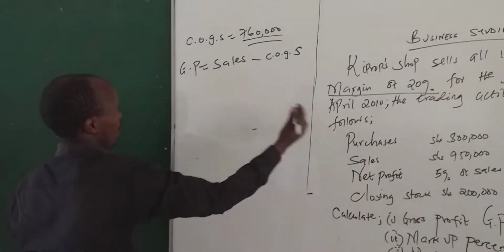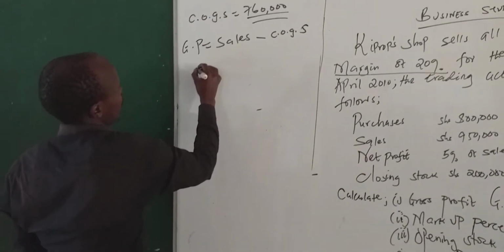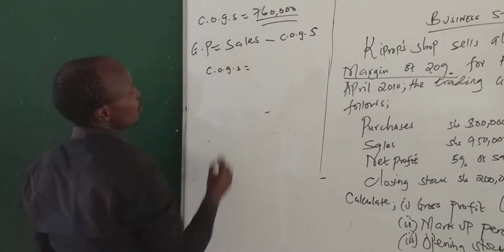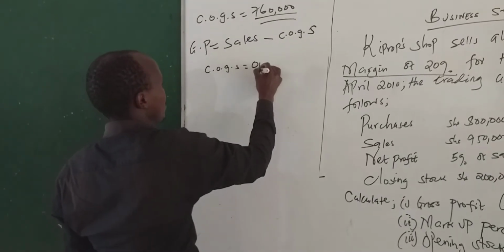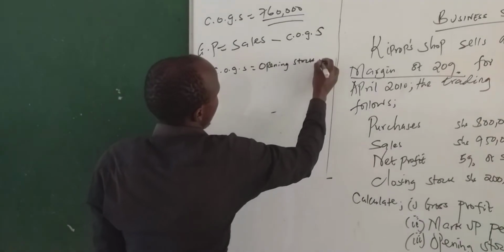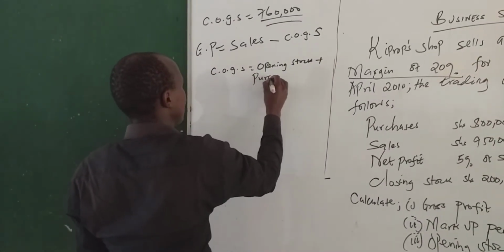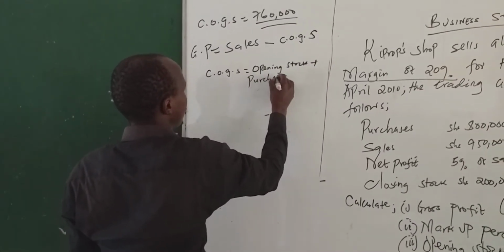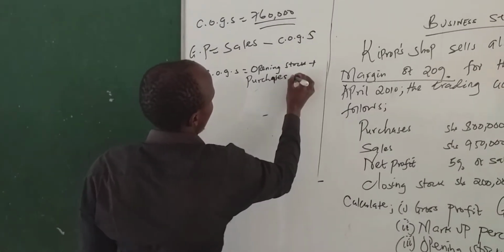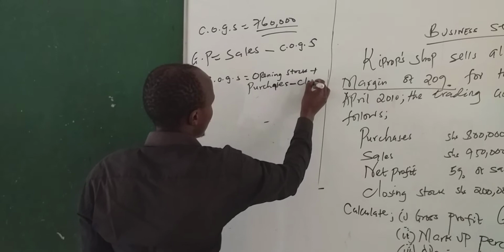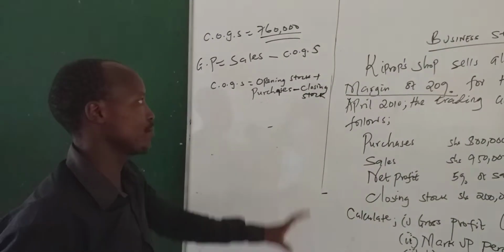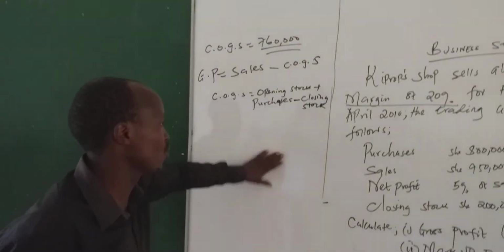We also know that cost of goods sold is normally given by opening stock plus purchases minus closing stock, assuming that we don't have any adjustment. This is what gives us the cost of goods sold.